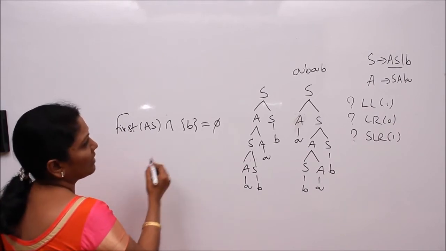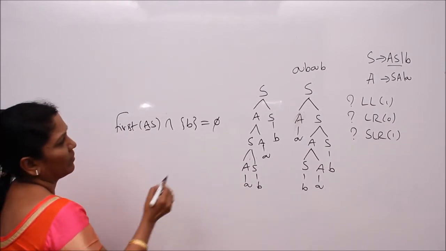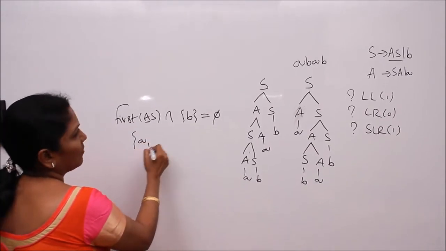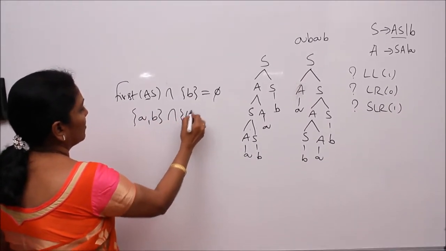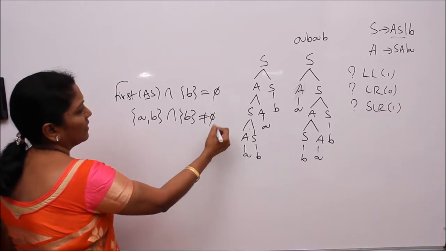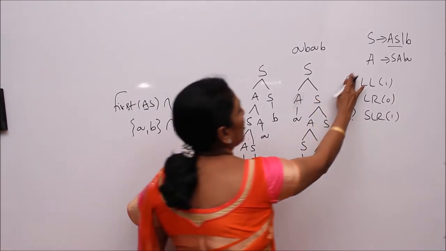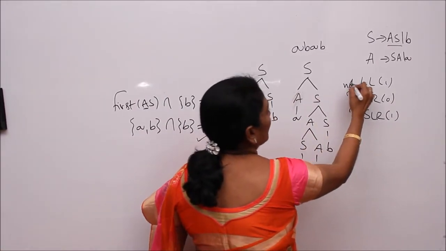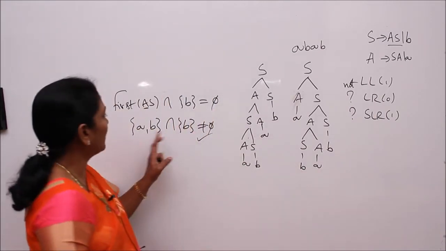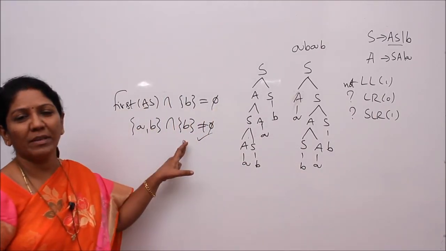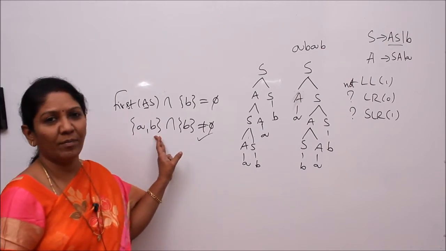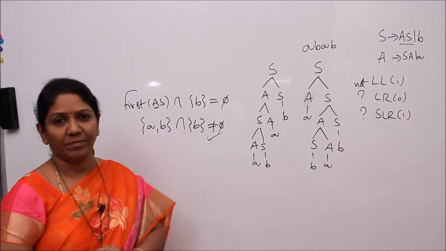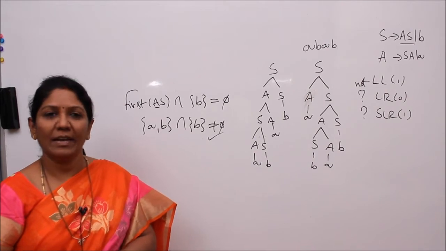What is first of AS? First of AS is first of A. First of A is A and it is also first of S, which is B. So the condition is violated. So with this we can say it is not LL1. Whenever they have something in common, that indicates there is a multiple entry in the row, in the column B. Hence it is not LL1.